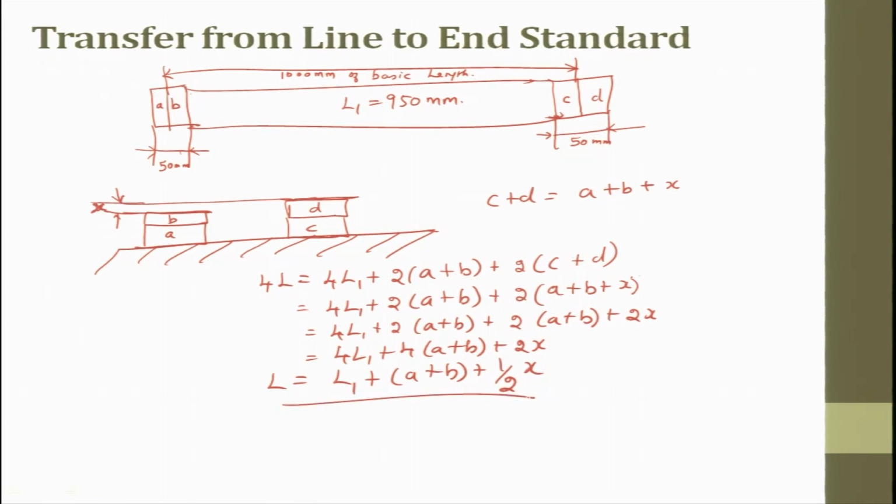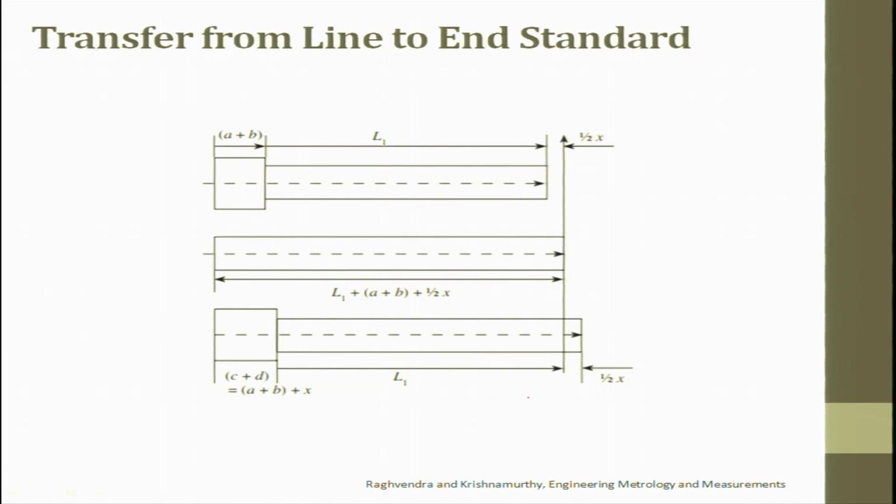Now if I want to represent this in a figure, you can look at it here. You can see A plus B I have taken, L1 I have taken, and there is a half x, which is the error or some small missing data that has to be there. If everything is perfect, then L1 plus A plus B plus half x will give you 1 meter.